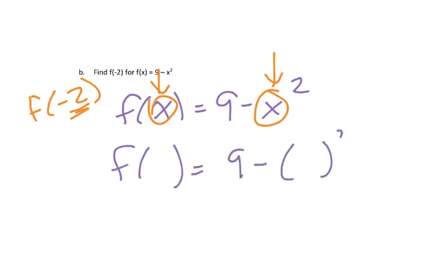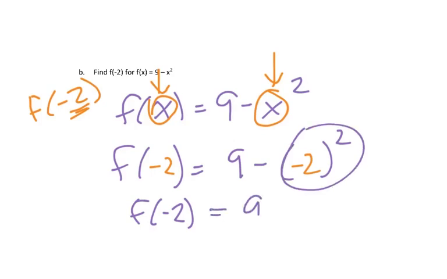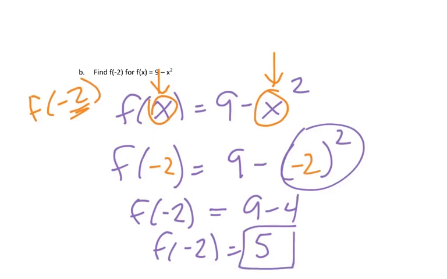So you could just write the whole thing again, just putting parentheses where the x was, and put negative 2 in those spots. So f of negative 2 would be 9 minus, you have to do this part first, so that'd be 9 minus 4, which gives us 5 as our answer. Now you could, if you wanted to, type the whole thing into your calculator all at once, and that's probably safer.